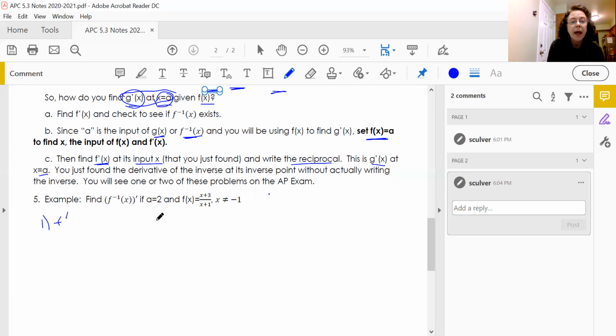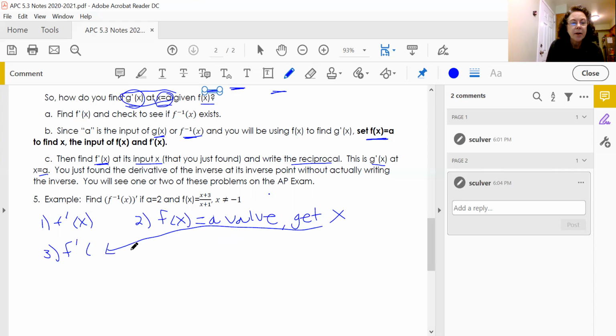Number 2, I'm going to set the original function equal to the a value they give me, and I'm going to get that x. Number 3, I'm going to evaluate the derivative of the original function at that x. Number 4, reciprocal.